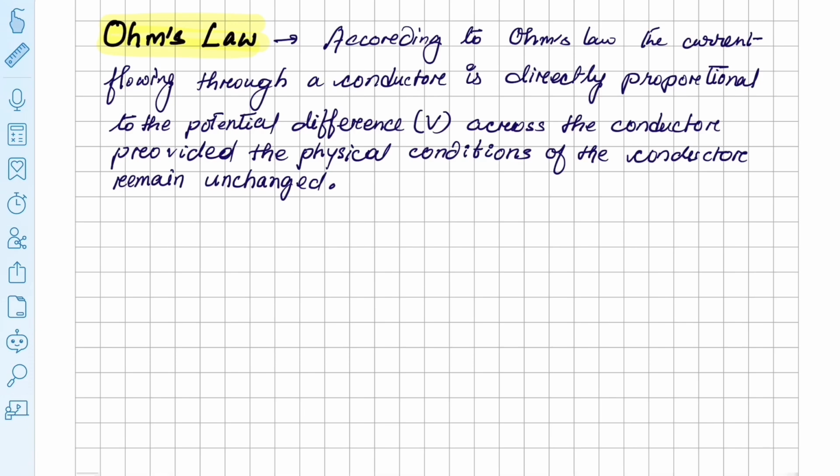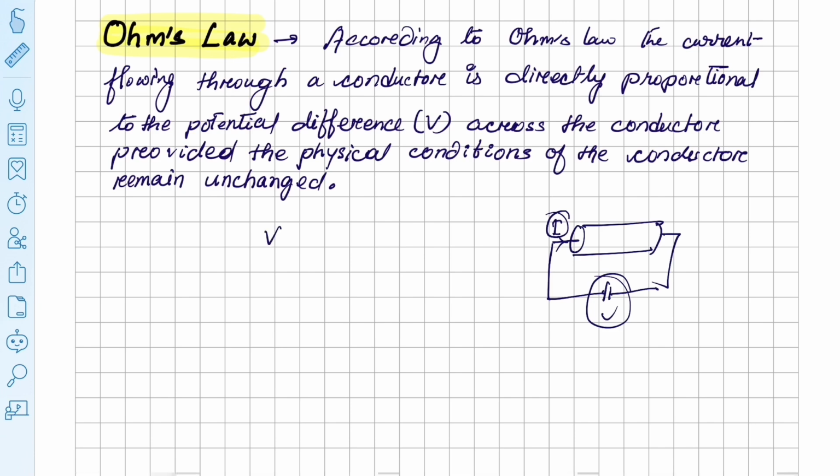Now let us discuss Ohm's law. This is the statement of Ohm's law. The current through a conductor is directly proportional to the potential difference across the conductor.